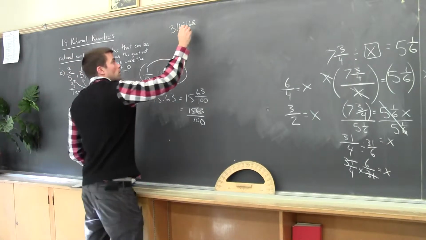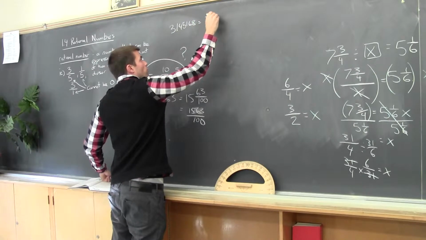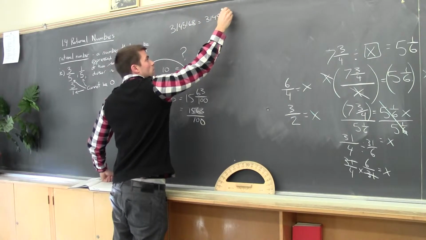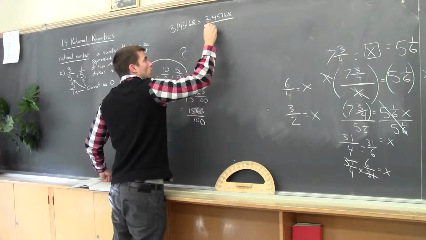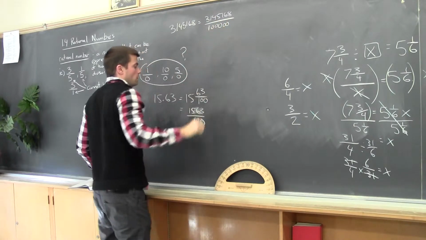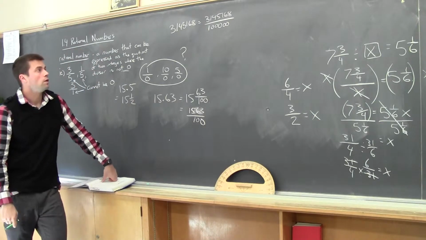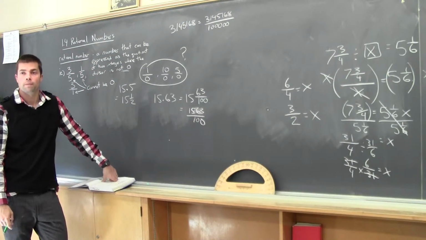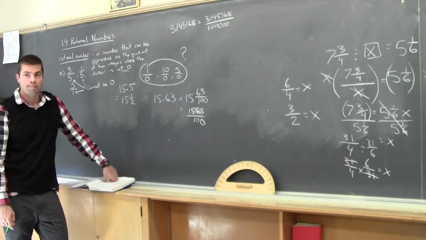That's the same as 31456168 over a power of 10. So basically any number that doesn't have a denominator of 0 is a rational number? Yes. Josh, could you do a number like 0.349?